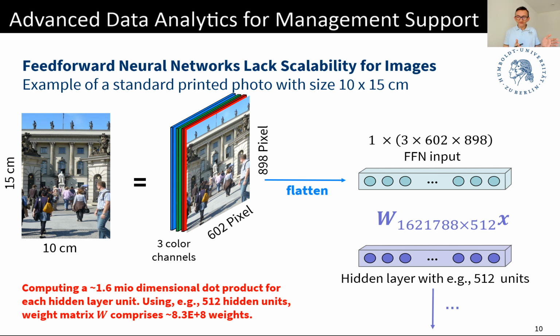With this small image, we have a massive computational cost because every input feature is fully connected to every hidden unit, and we have 512 of these, so in total we obtain roughly 8.3 times 10 to the power of 8. That's 830 million weights, if I'm not mistaken.